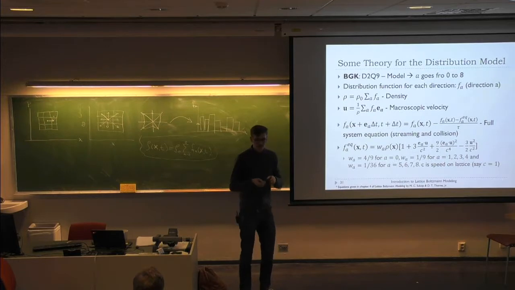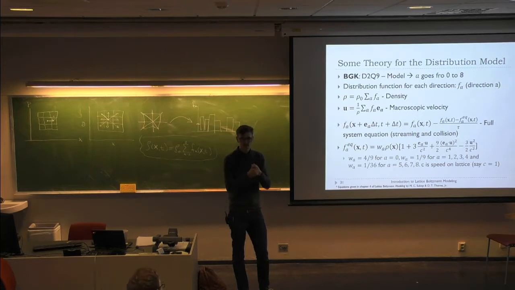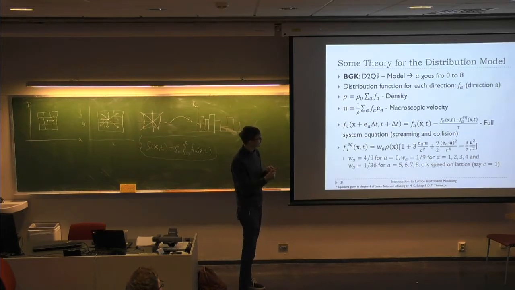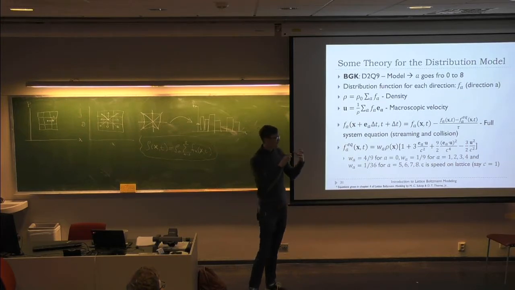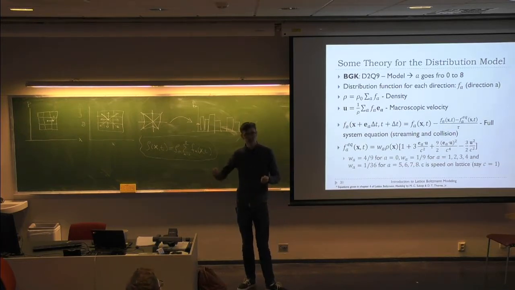So if we know the distribution function at some time, we can calculate the density and the macroscopic velocities. Based on those two, we can calculate the equilibrium distribution function, which I haven't really told you what is. But that will basically give you the next time step for the distribution. And that's all you need. Then you know the next time step, and you can keep going and going and going.